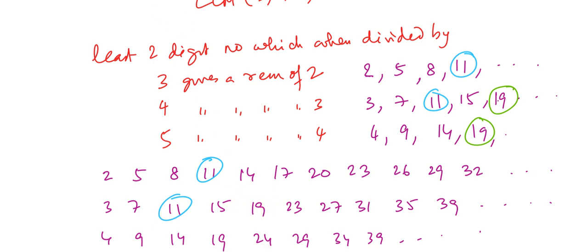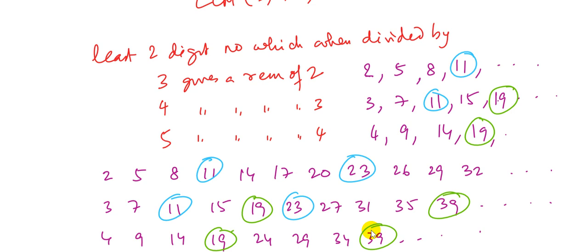The number common between second and third is 19, and then I can see 23, which is common between the first and the second, and then the next number, 39, which is common between the second and the third.